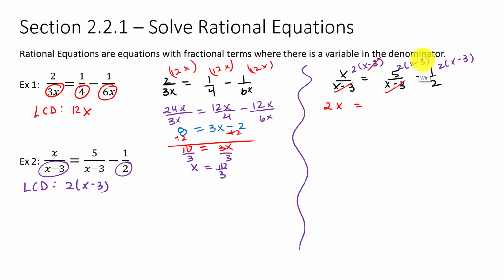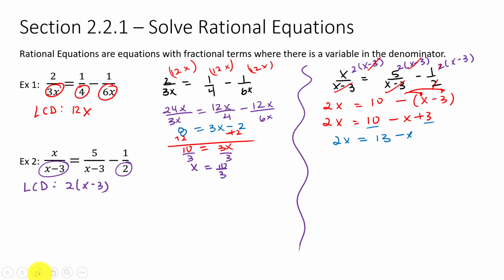We can get rid of this x minus 3 in this term, and now we have 10. 5 times 2 is 10, minus, these 2's cancel, a -1 times x minus 3. I'm going to have to distribute that -1, which gives us 2x is equal to 10 minus x plus 3. We can combine like terms, giving us 2x is equal to 13 minus x.